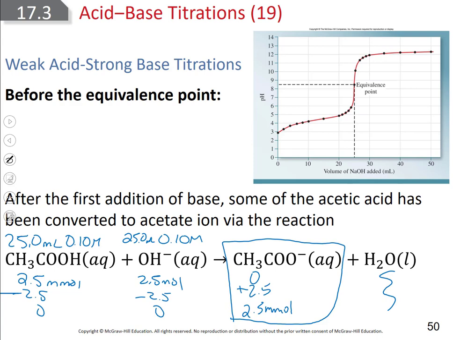So how did we find the pH of a salt solution back in chapter 16? We've got 2.5 millimoles of this acetate ion. How can the acetate ion affect the pH? What is it going to do with water? If this is a conjugate base, that means in water, what is it going to do?